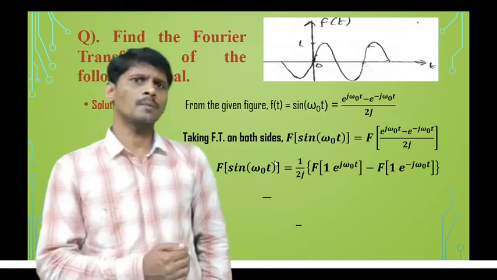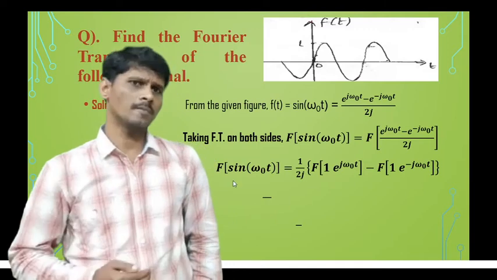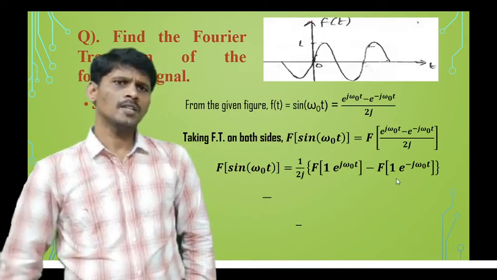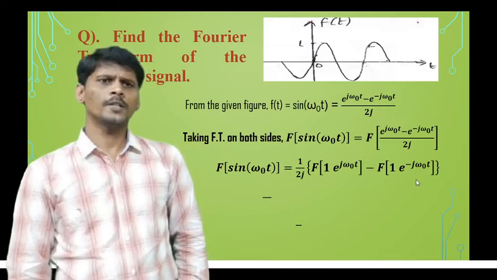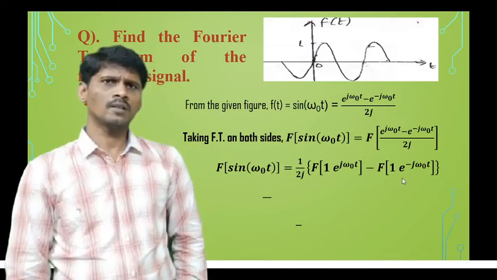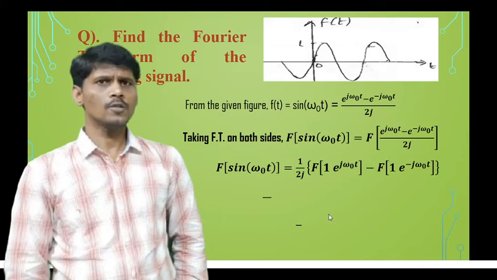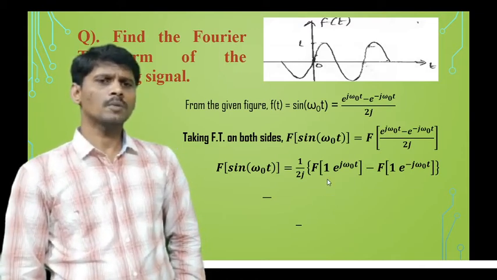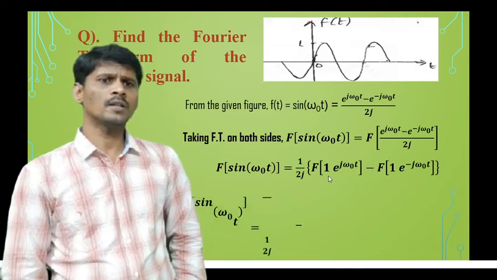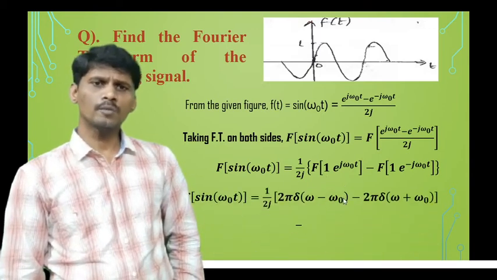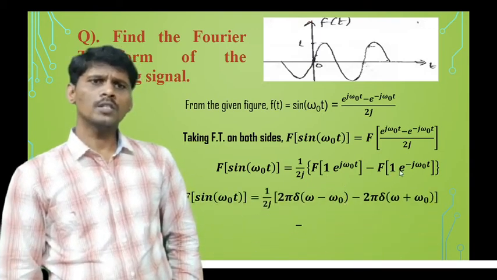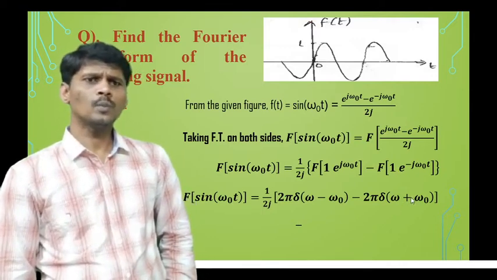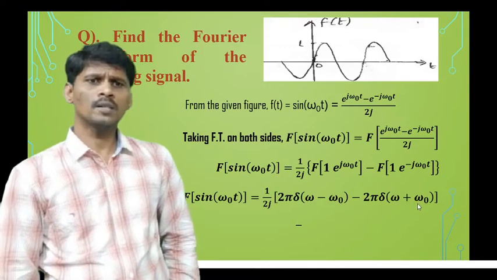On the RHS, applying the Fourier transform to each term: the Fourier transform of 1 into e power j omega naught t minus the Fourier transform of 1 into e power minus j omega naught t. Using the frequency shifting property, the first is 2 pi del of omega minus omega naught, and the second is 2 pi del of omega plus omega naught.